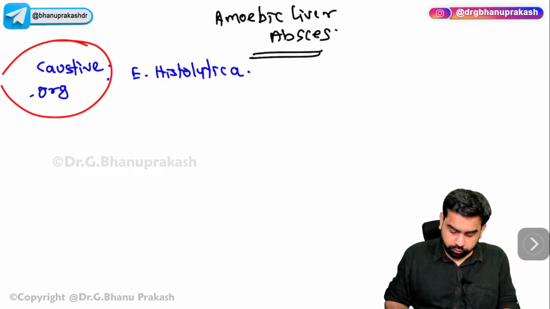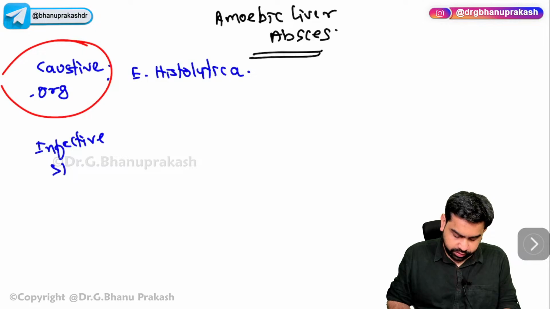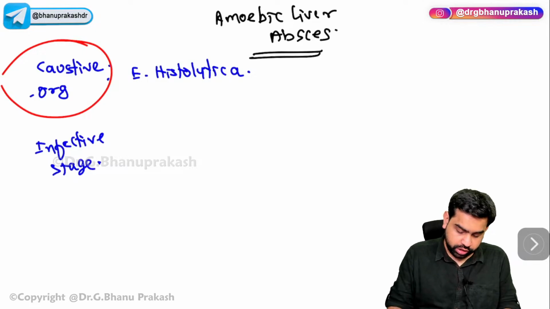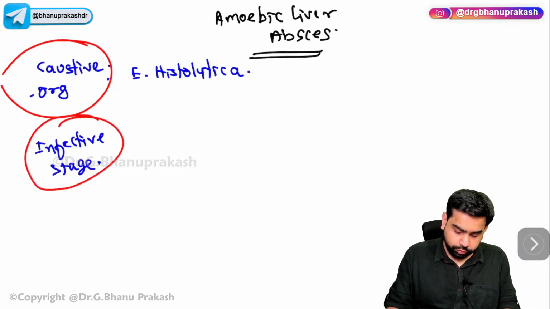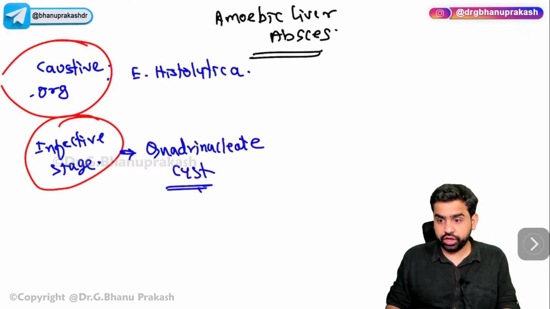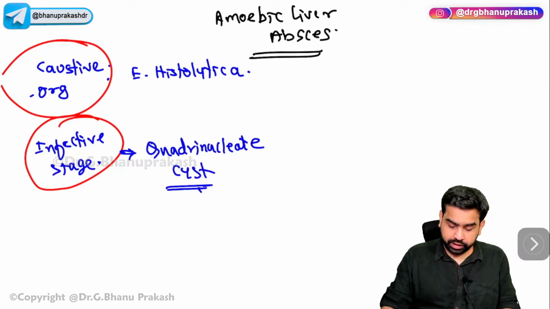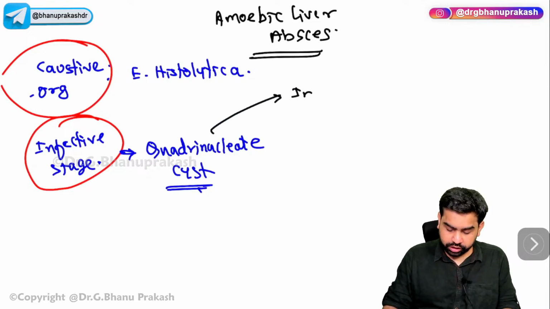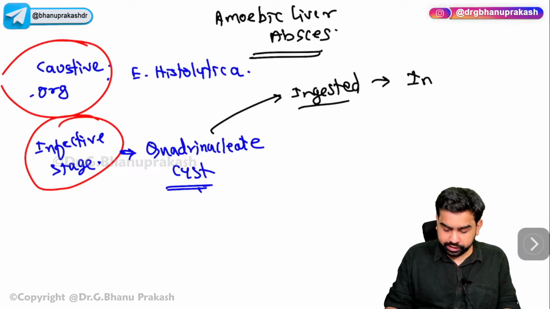Now over here, what is the infective stage? The infective stage in these patients is the quadrinucleate cyst. Please try to understand, the infective stage is the quadrinucleate cyst. This cyst is ingested and comes to your intestine.